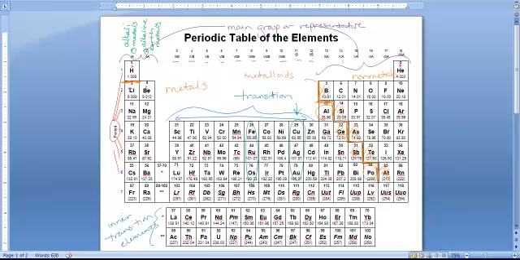As we continue on over, columns 13 through 18, or 3A through 8A, again, there are reasons why these elements are in the same column, okay? But as we're going down a particular column, if I'm looking at column 14 here, I have a nonmetal.